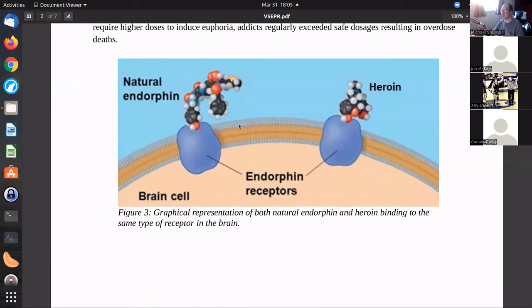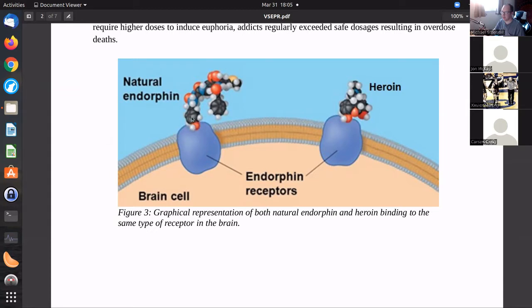If we look at this picture here, you can see these two endorphin receptors, right? This is natural endorphin, and this is heroin. You'll notice that natural endorphin has this little guy right here that's sitting off there. What that's doing is actually crowding it and making it so it can't bind as effectively to this site.